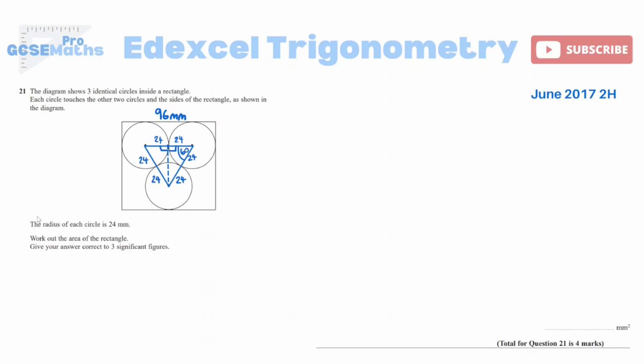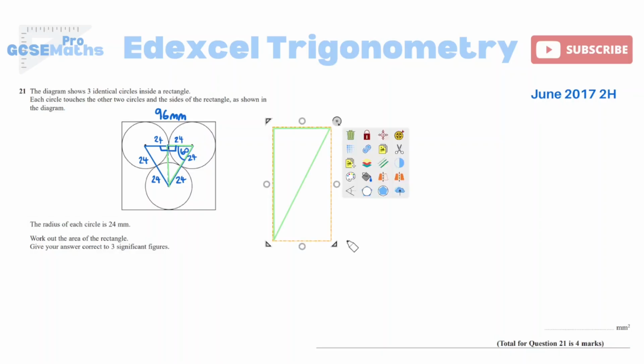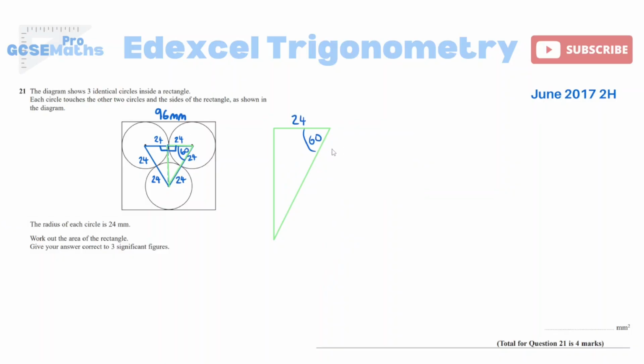So just looking at one of those triangles, let's just look at this green triangle here, we can recreate that. You can always redraw the triangle if it's getting a bit too messy on your diagram. So we know that this is 24, and we know that that is 60 degrees. So we want to find the opposite, and we've got the adjacent, we can therefore use tan, TOA.